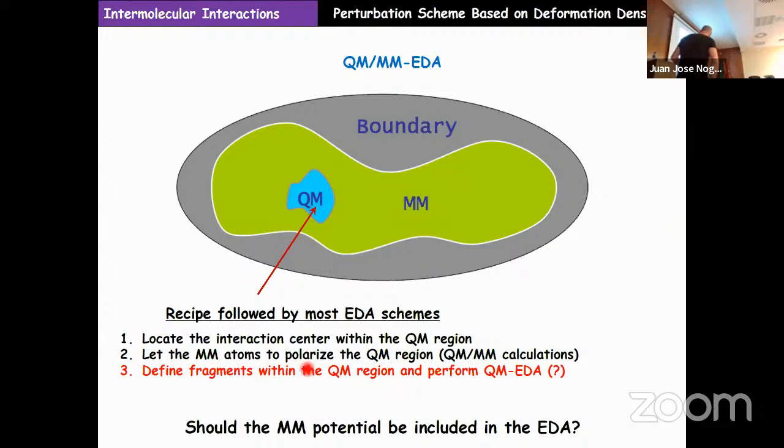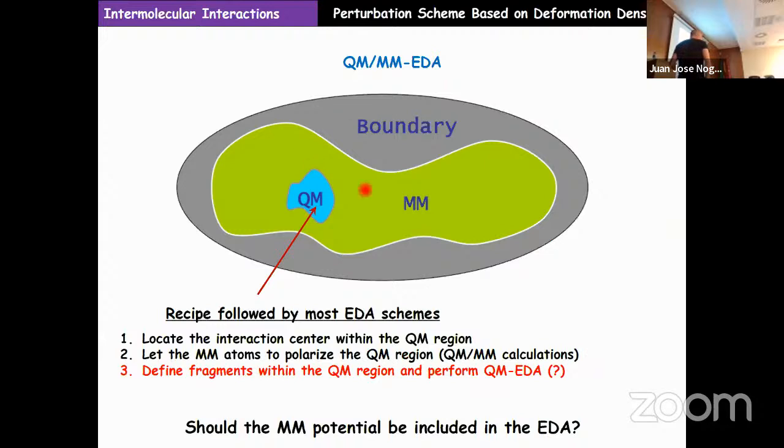Then what all of the schemes except ours do is define fragments within the QM region and perform the QM EDA. So they don't include this potential, which is included in the Hamiltonian when performing the QM calculations, in the EDA partition.